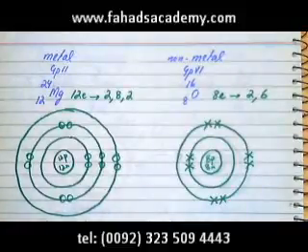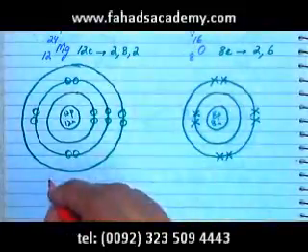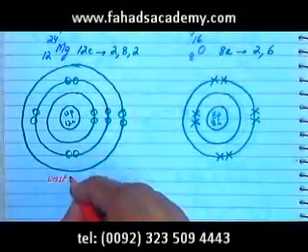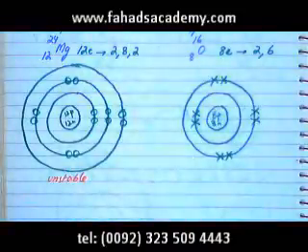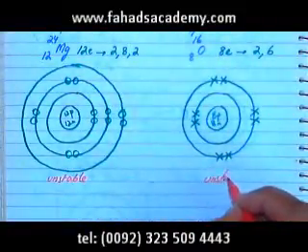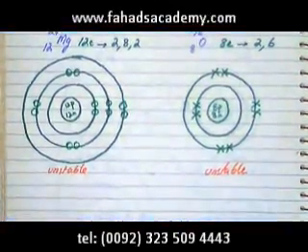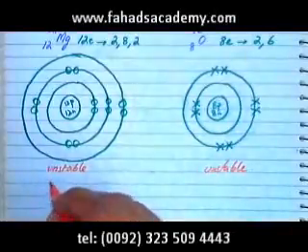So these are the 2 atoms, and if you look carefully, both of them have unstable configurations. This does not have a complete outer shell. This is also unstable. It's not having a complete outer shell. This has 2 electrons in its outer shell. Group 2 always loses 2 electrons.